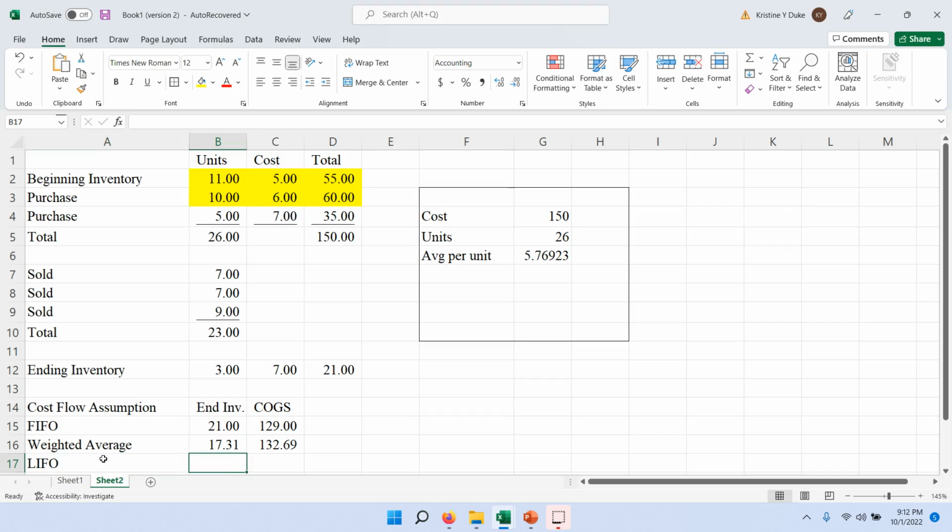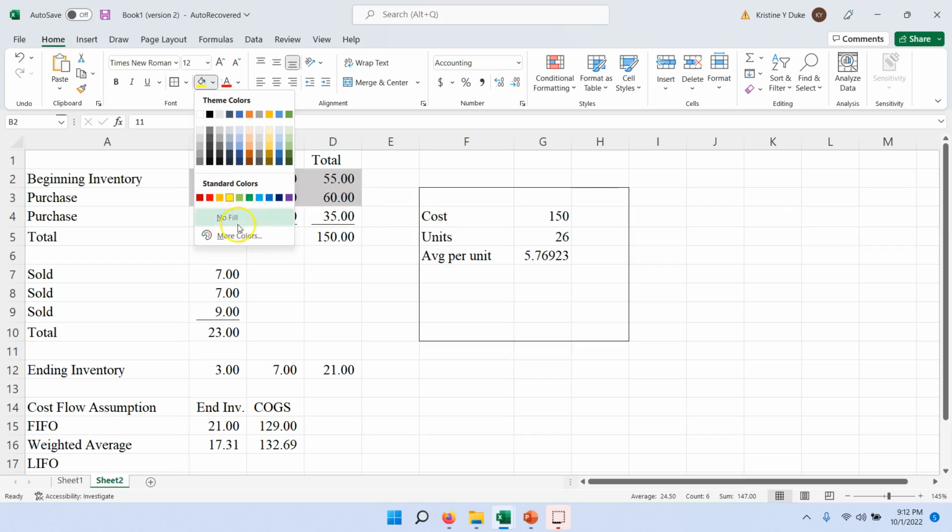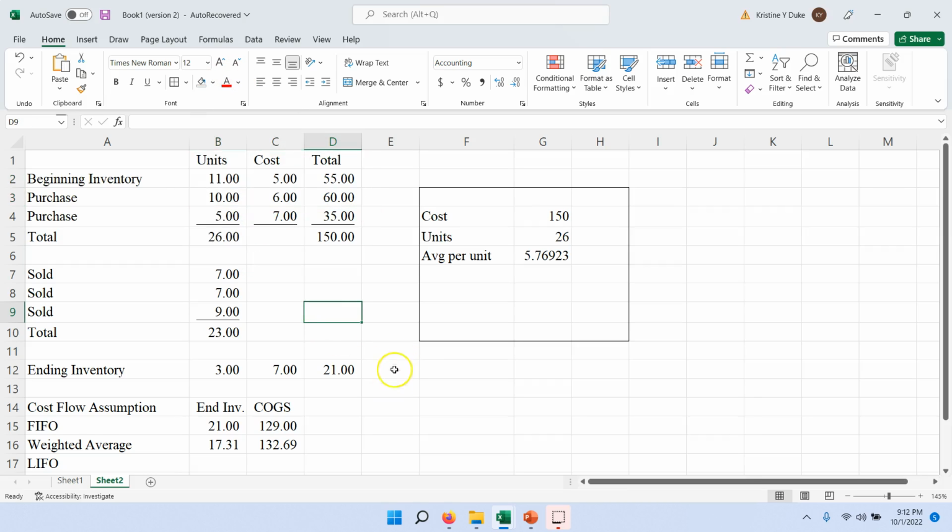It is cool. Okay, LIFO, last in, first out. Now what I'm going to do is unhighlight those cells. So we know the ending inventory for LIFO, we had 3 units left. Now what we have to do is take out the last ones in, which are the first ones out.